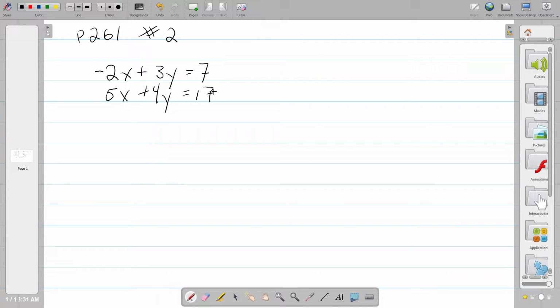So the easiest thing I can see is I have a positive and a negative, so they're going to eliminate each other if they were the same. So I will go ahead and multiply this top by 5 and the bottom by 2.